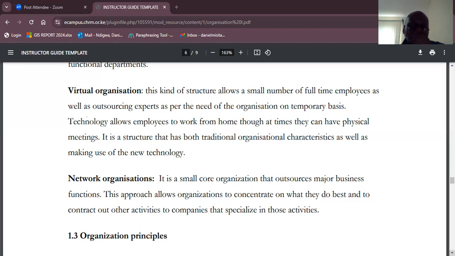So network organizations allow the organization to outsource non-core activities.